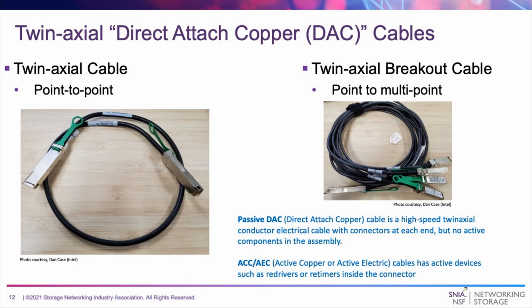Now, if we compare and contrast that to the second class, what we call active copper or active electrical cables, ACCs or AECs, these devices themselves have active devices like retimers and redrivers inside the connector that can be used to help increase the performance or increase the reach of the copper cable.